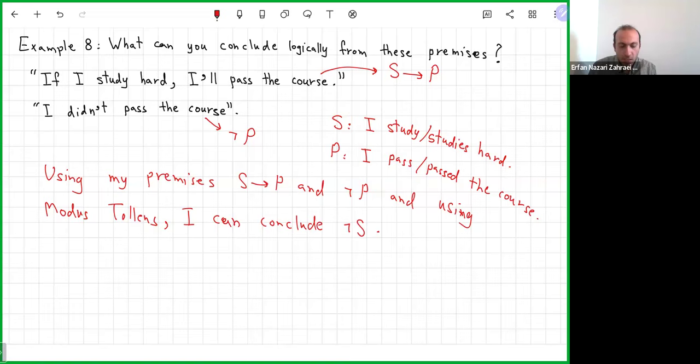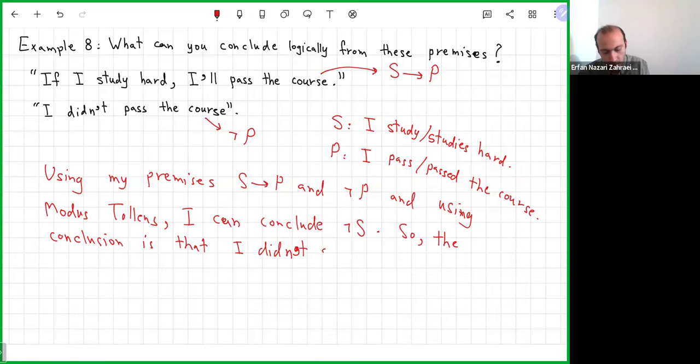What does this mean? Because I did not pass the course, it means actually not S. I did not study hard. So the conclusion is that I did not study hard.